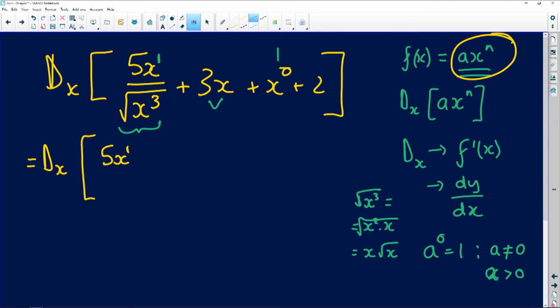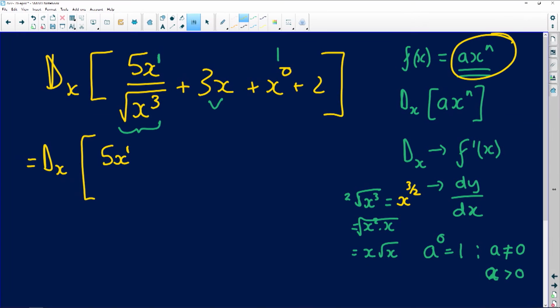So what does this become? Remember there's an invisible 2 in the front there. So that is x to the power 3 over 2. But that's still in the denominator. I must now take that x to the 3 over 2 from the denominator into the numerator.